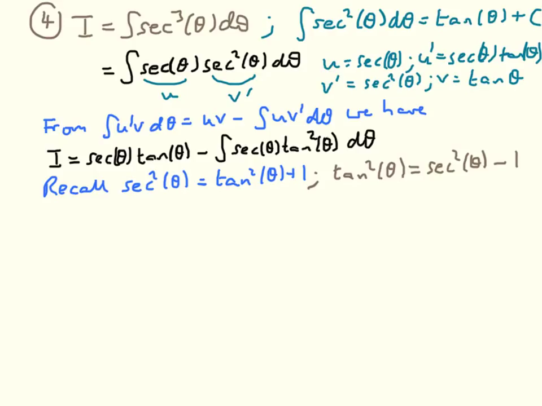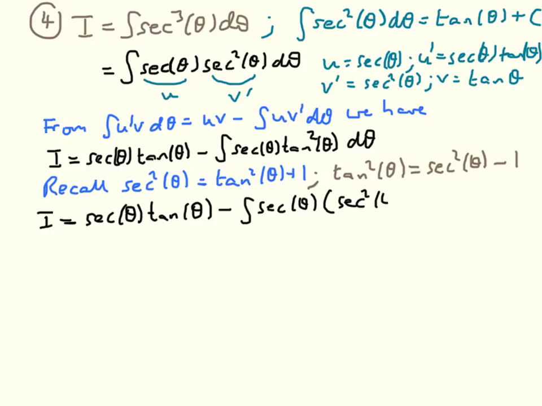So this means that our integral I is sec theta tan theta minus the integral, and then we have sec theta times tan squared theta, so that's open brackets sec squared theta minus 1, all integrated with respect to theta.